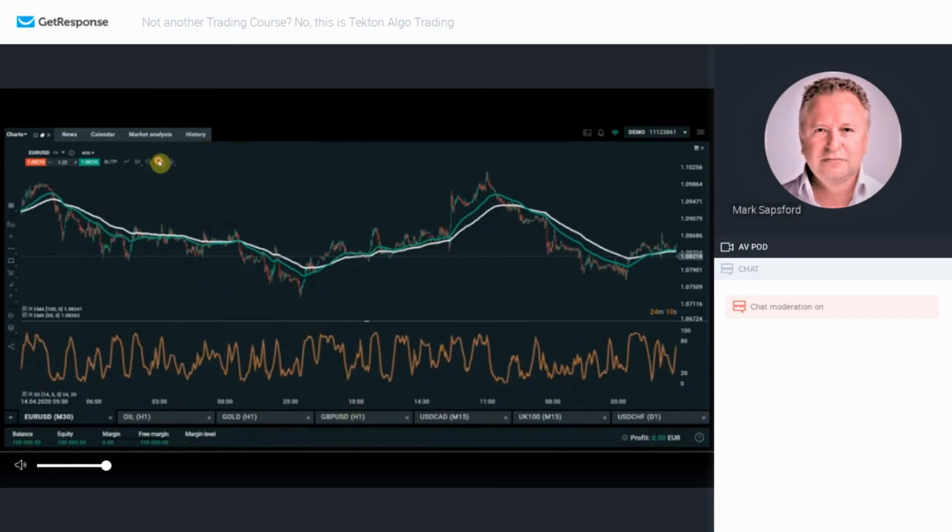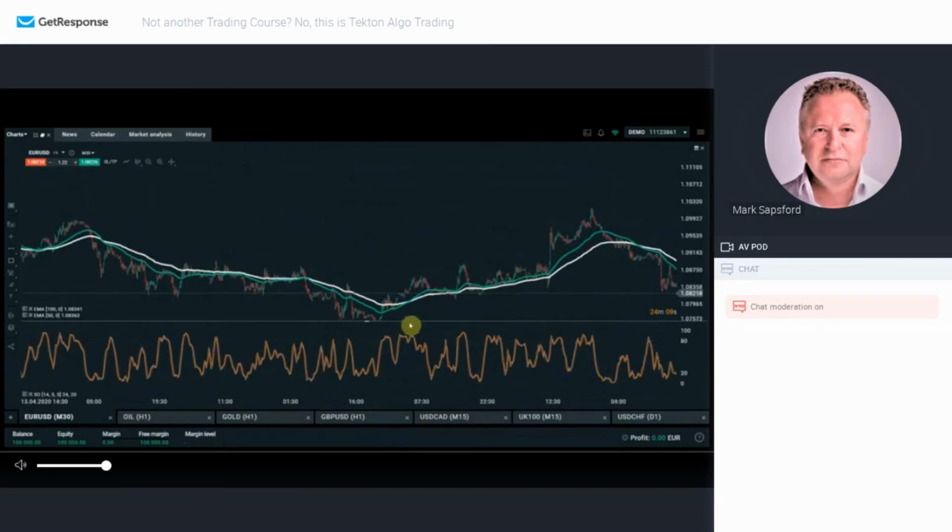So for example, if I see one here crossing, at the same time I want price to be in an oversold position down the bottom here, because remember the stochastic is measuring oversold and overbought markets. At the top, this is an overbought position, which means normally price is going to fall, and this is an oversold position where markets are likely to start to increase.